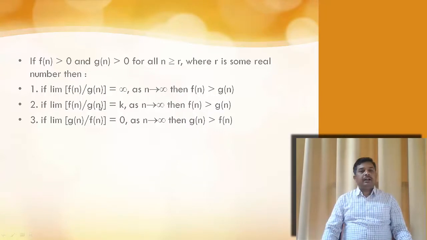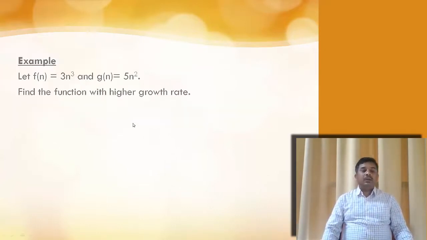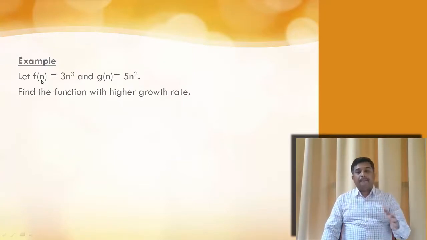If limit f(n) by g(n) equals some constant greater than 0, then again we'll say f(n) has a higher growth rate than g(n). And if limit g(n) by f(n) equals 0 as n tends to infinity, then f(n) has a higher growth rate than g(n). So we want to apply these three formulas to compare the growth rates of two functions. So let us take an example. We'll apply this formula to compare two functions.